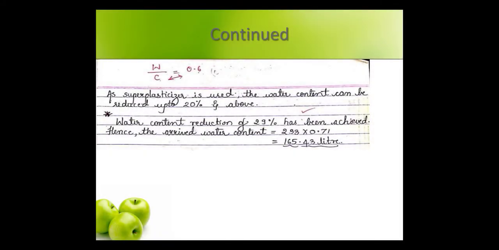So out of 100%, 29% can be achieved, means the remaining will be 71%. So you need to multiply 71% to the water content you have got, because we are using superplasticizer here. If there is no superplasticizer, then it is not necessary to multiply the value calculated here.